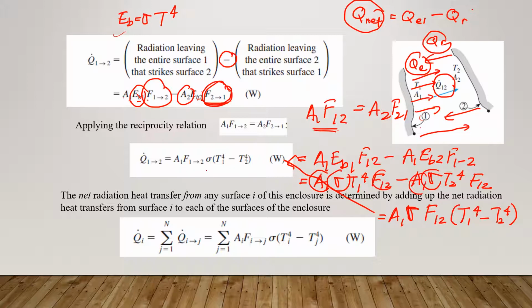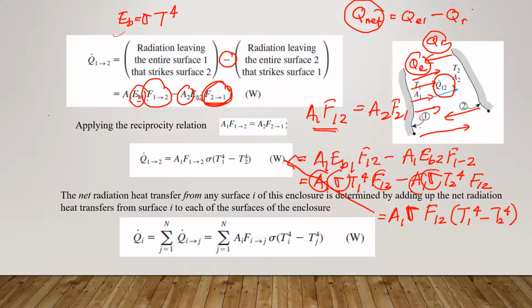The net radiation heat transfer from any surface i of this enclosure is determined by adding up the net radiation heat transfer from surface i to each of the surfaces of the enclosure. So if you have more than one surface, you have to add up all those surfaces in order to find the net radiation heat transfer from surface i.